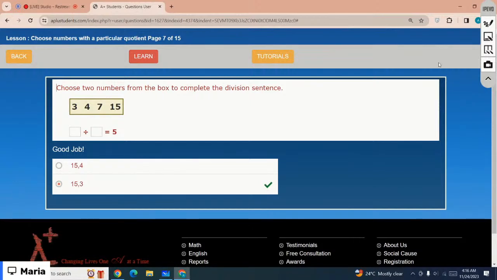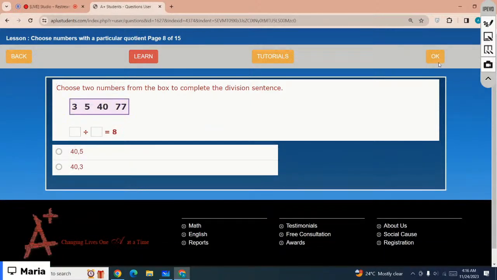Okay, the next one is: choose two numbers from the box to complete the division sentence. Dash and dash have a quotient of 8. Which is the correct option?